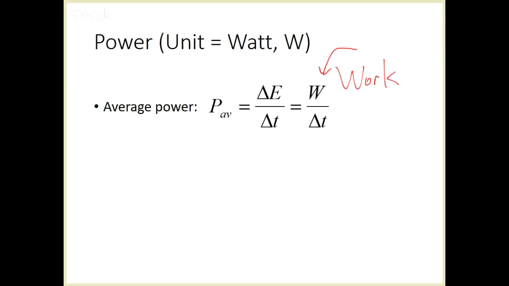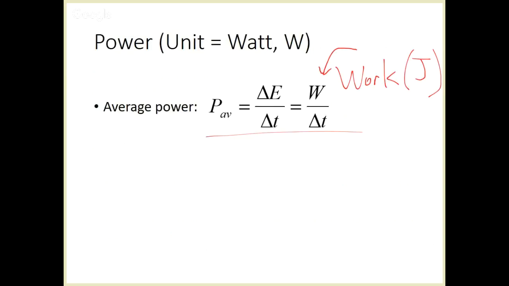So be sure that you do not mix up work and watts, just like you wouldn't mix up mass and meter. Work is measured in joules because it's a change in energy. But that's about all you need to know about power.